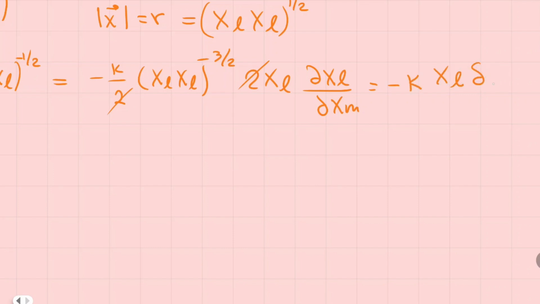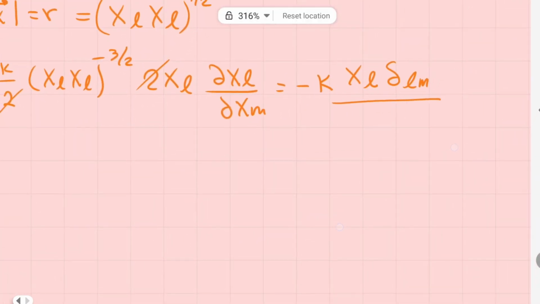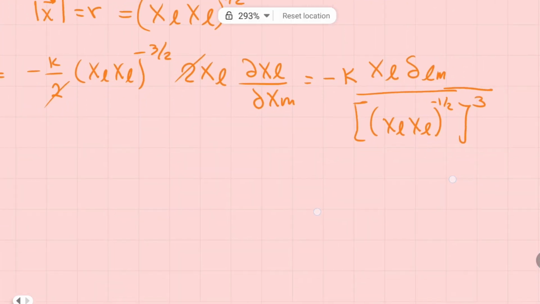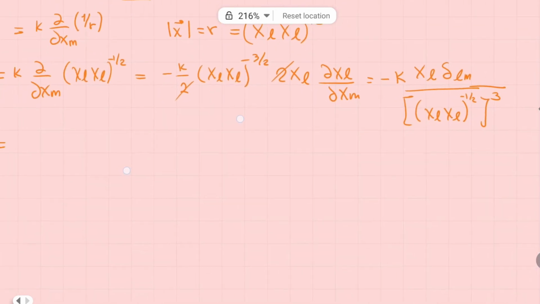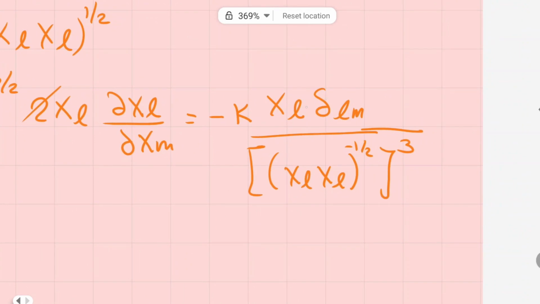minus k times xl Kronecker delta lm over, and we are going to write this as xl xl raised to the negative 1/2 and then raised to the 3rd power. Okay, so this is equal to minus k, and here remember that we mentioned that this is just going to be 0 if l is different to m, but it will be equal to 1 when l is equal to m.